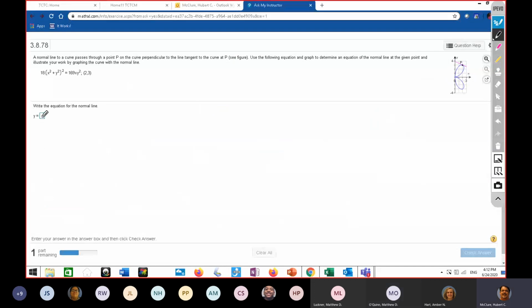The normal line, well, I don't know about the algebra, but I'm going to say it's going to have 29ths in it for the normal. So hold on and I'll type it in.